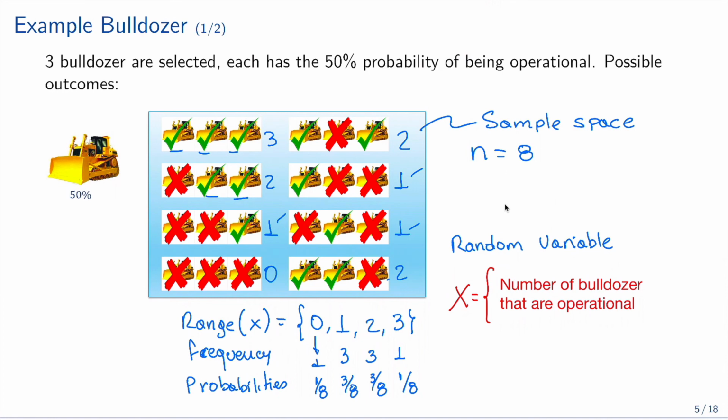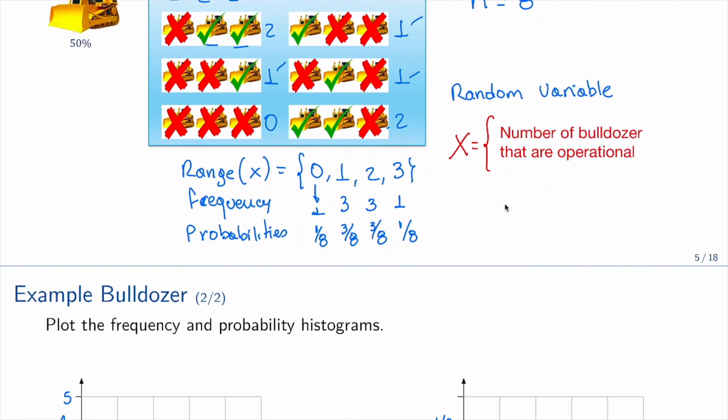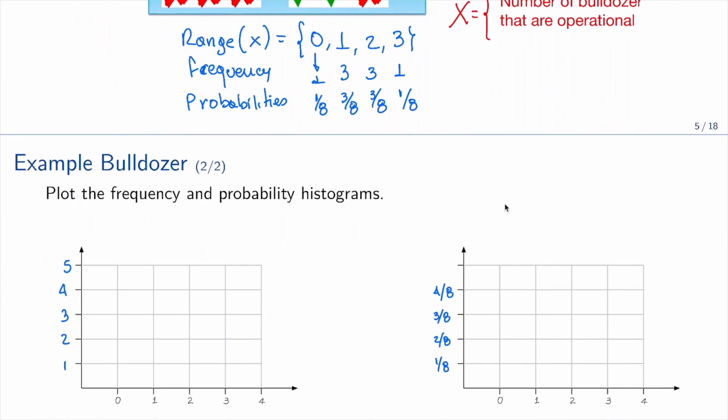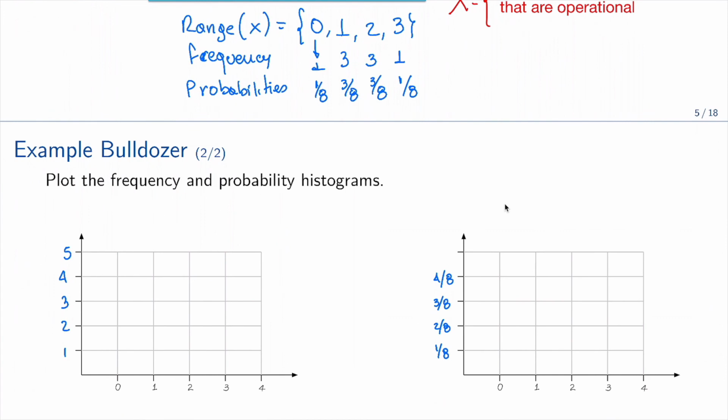To build the histograms, we can start by plotting the frequencies. For variable 0, we have 1. For variable 1 we have 3, for variable 2 we have also 3, and for variable 3 we have 1.